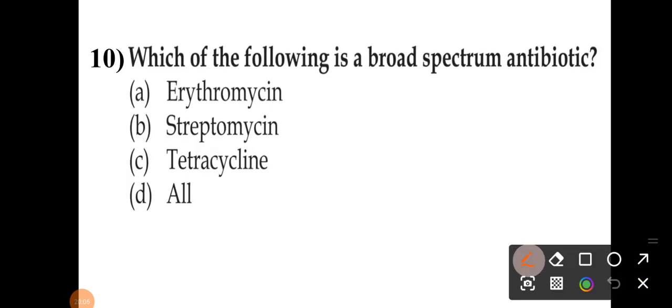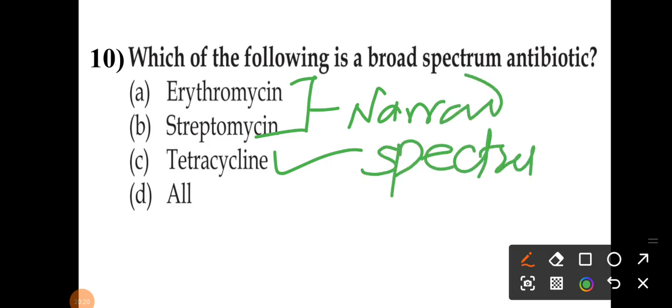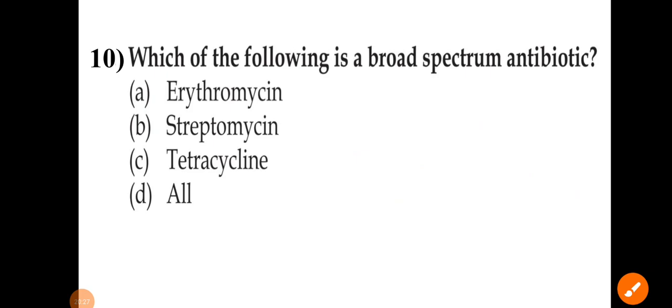Okay, so the correct answer is your tetracycline, because tetracycline and chloramphenicol are the broad spectrum antibiotics, while erythromycin and streptomycin are the narrow spectrum antibiotics. So that's why here tetracycline is the answer.